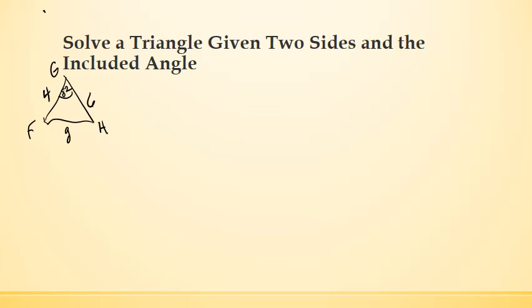To set that up, to find side G, I would say G squared is equal to F squared, which would be 6 squared, plus H squared, which would be 4 squared, minus 2 times F, 6, times H, 4, times the cosine of angle G, which is 82.